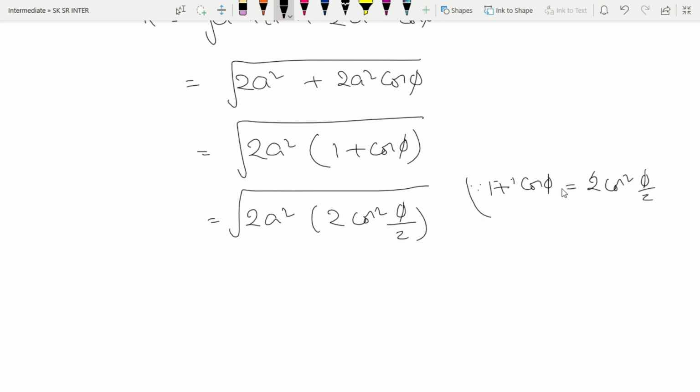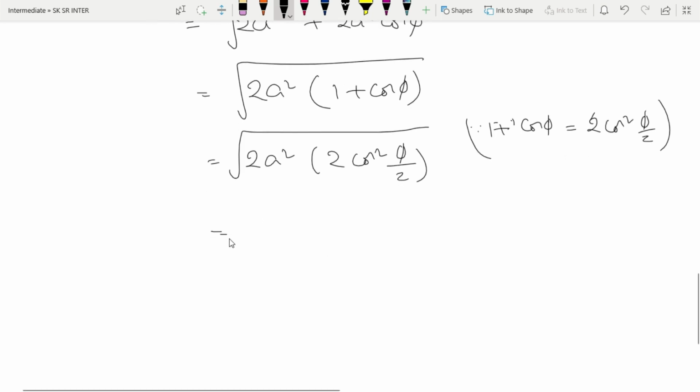So r is equal to root over 2 into 2, 4a square cos square phi by 2.